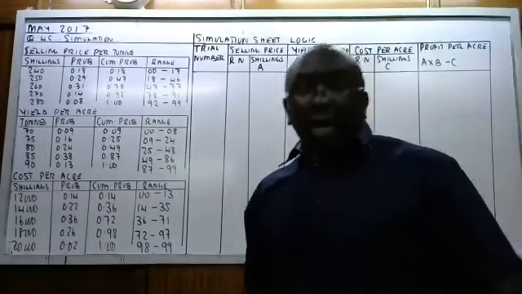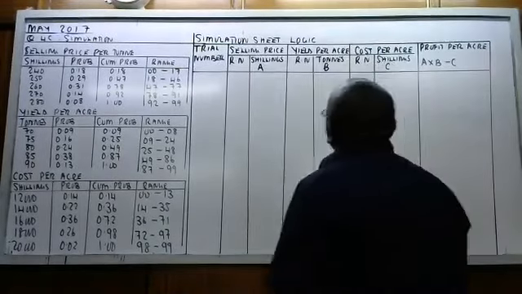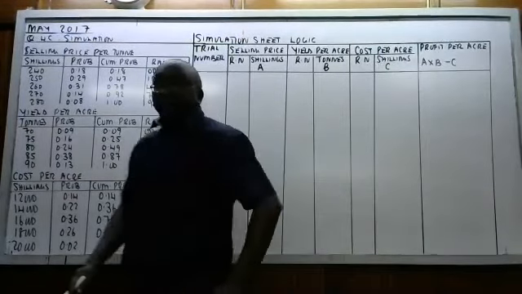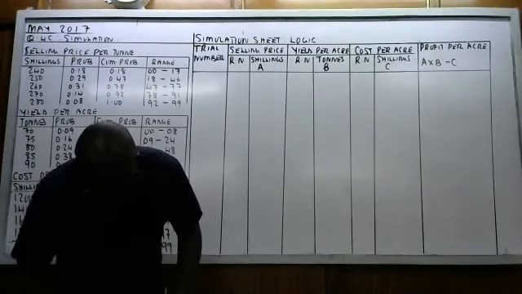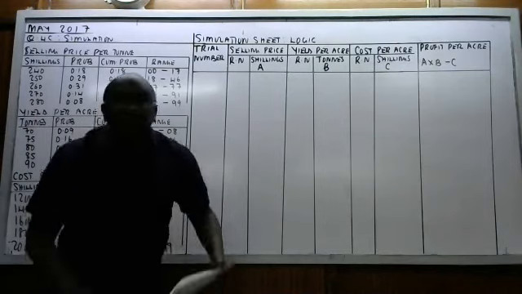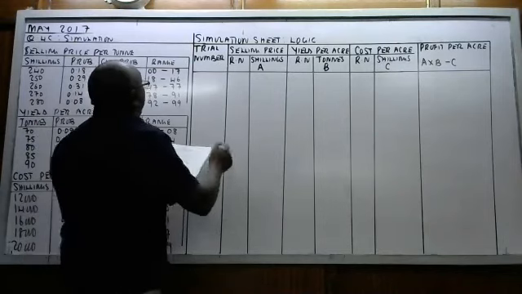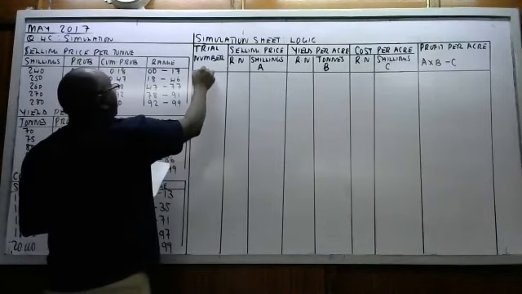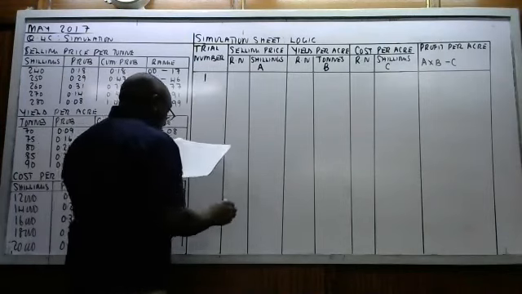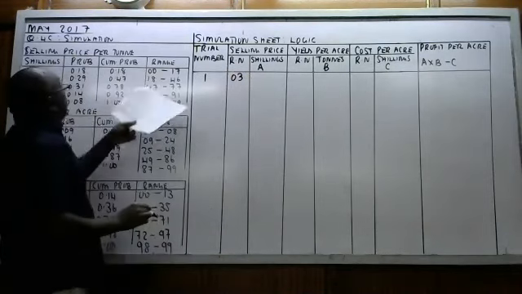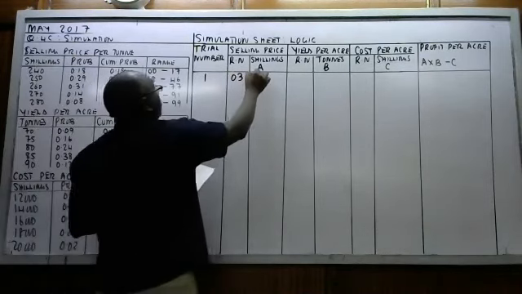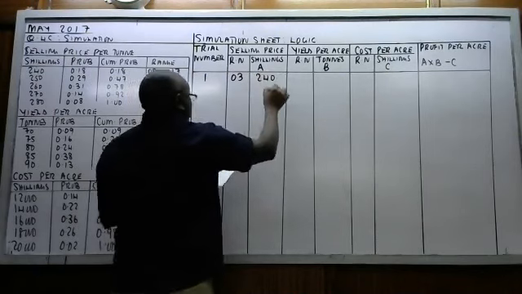Okay, let's begin because I can see maybe I do 3 or 4 because of the interest of time. Trial number 1, the random number you take is 03. So 03 has a selling price of 240.